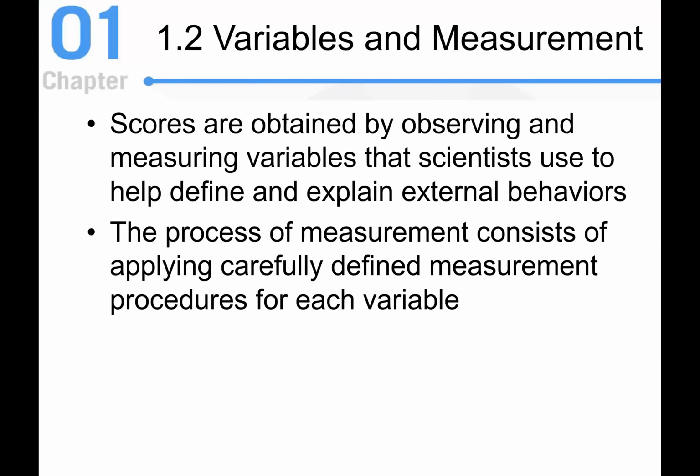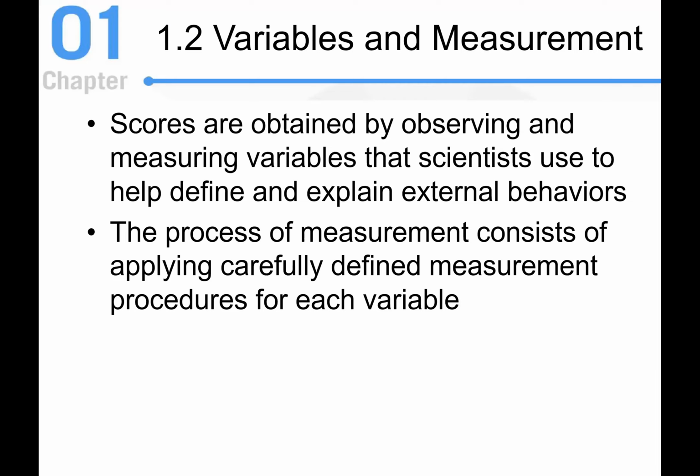So, variables and measurement. Scores are obtained by observing and measuring variables that scientists use to help define and explain external behaviors. Right. So if I wanted to explain intelligence or health or IQ or different methods of studying, right?